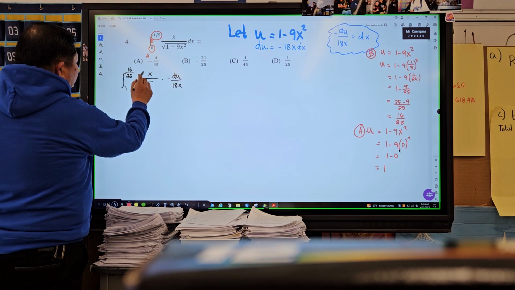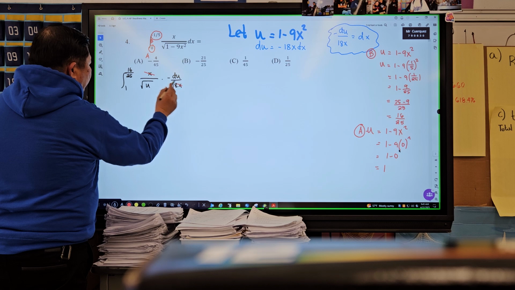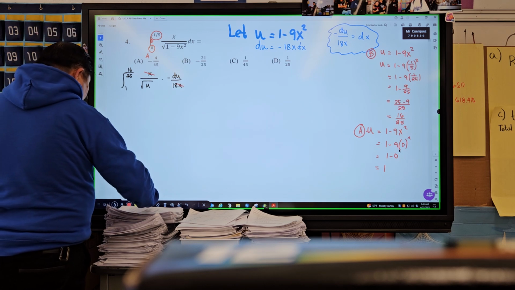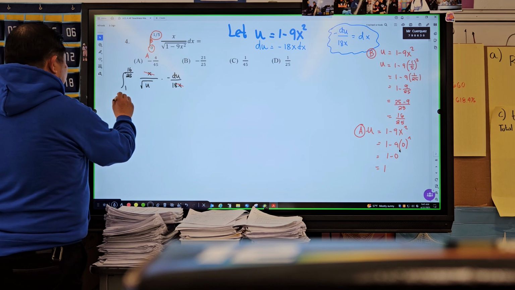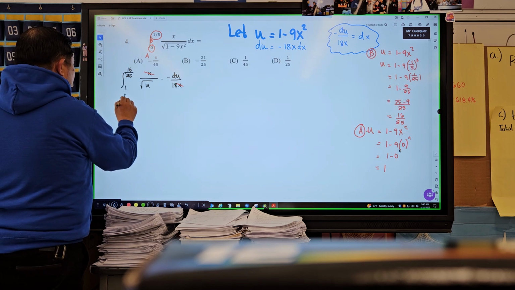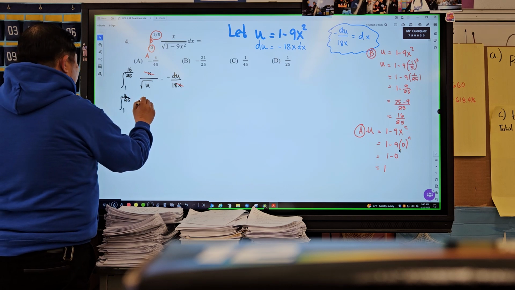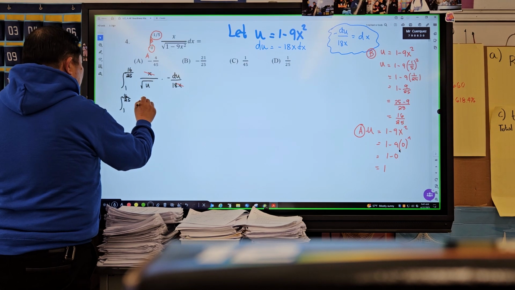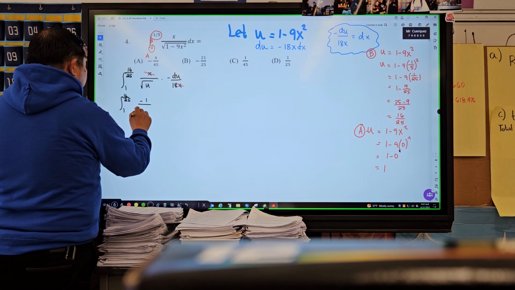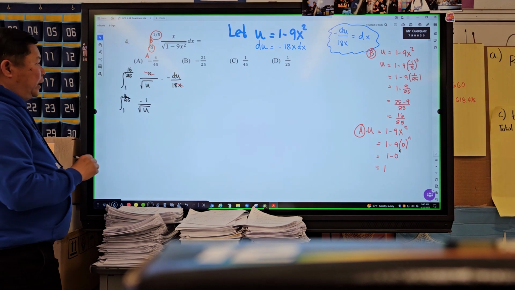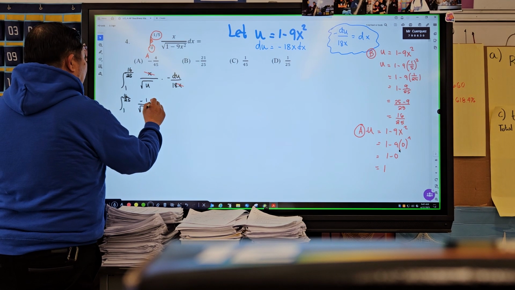So it's going to be the integral from 1 to 16 over 25 of negative 1 over square root of u du.